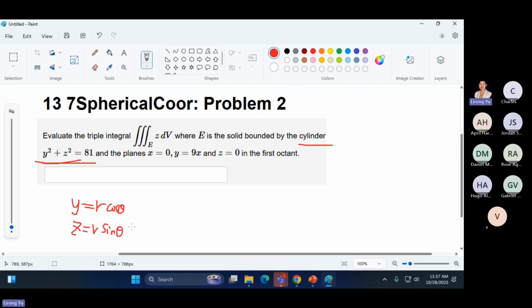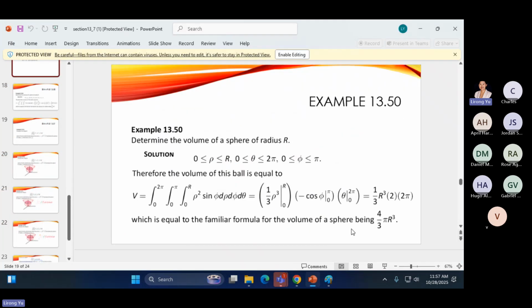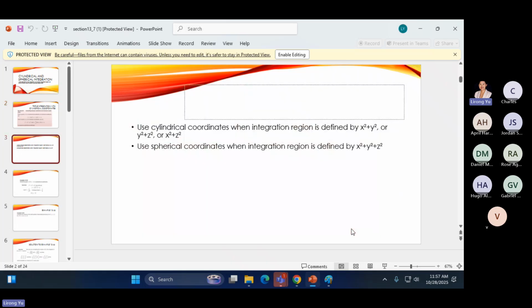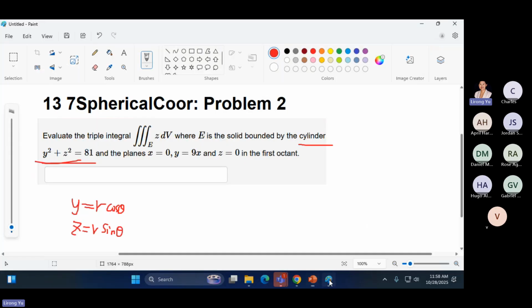So then there are two variables already, r and theta. The other variable is not going to be z, so we're not following exactly how the cylindrical coordinate was set up in the textbook. There we did x equal to r cosine theta, y equal to r sine theta, and z equal to z. However, in this question, you have to be flexible and realize that the cylindrical relation is between y and z.